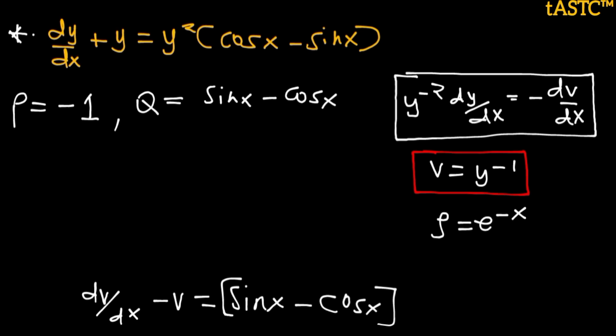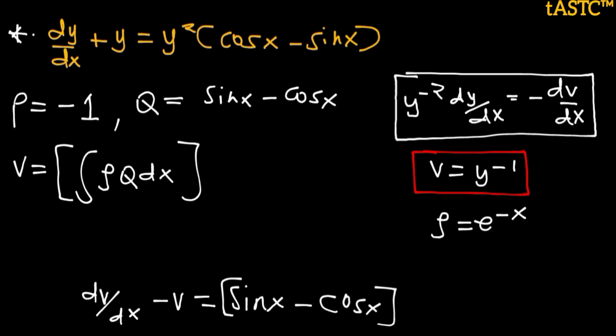So the next step, we need to find v. So v should be equal to the integral of rho q dx, and we would have a rho to the negative 1, right? Well, that is what we should have, basically. Okay, so first off, let's just take it gradually.